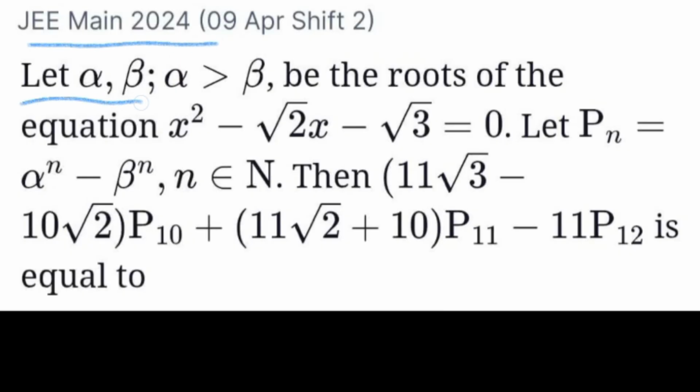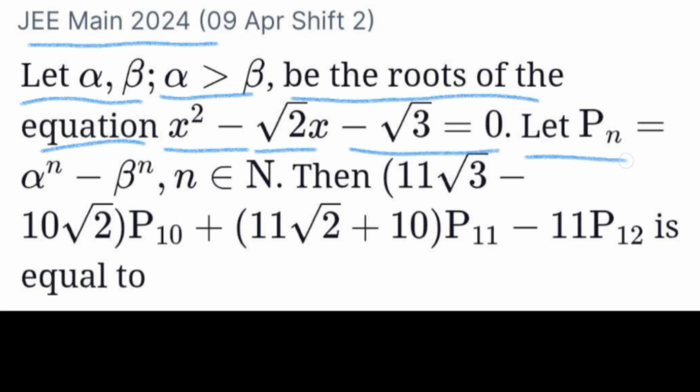Let alpha, beta, alpha greater than beta, be the roots of the equation x square minus root 2x minus root 3 is equal to 0. Let Pn is equal to alpha power n minus beta power n, n belongs to N. Then 11 root 3 minus 10 root 2 P10 plus 11 root 2 plus 10 P11 minus 11 P12 is equal to?